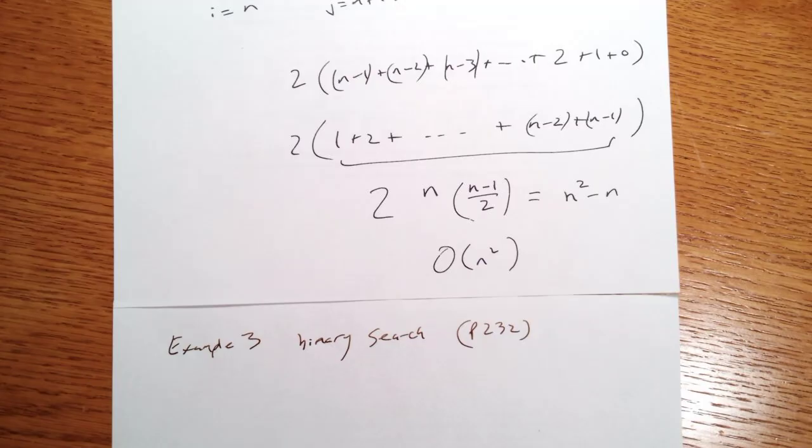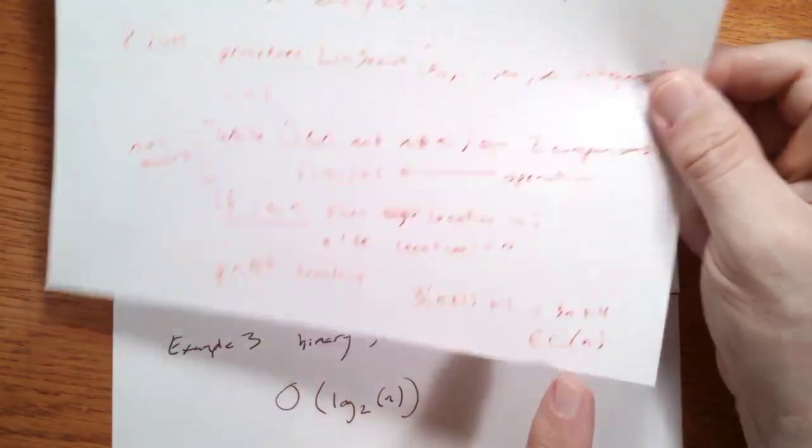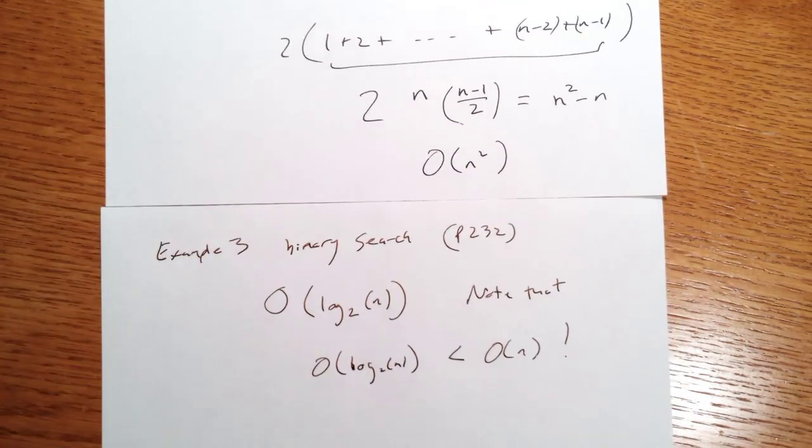Well, it turns out that's actually big O of log base 2 of n. Wait a second. The linear search was big O of n. The binary search is big O of log 2 n. Which one is faster? The binary search is substantially faster.